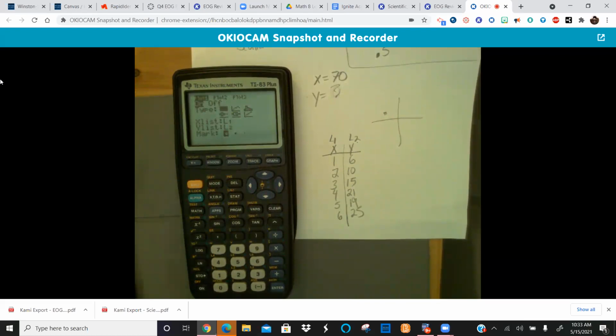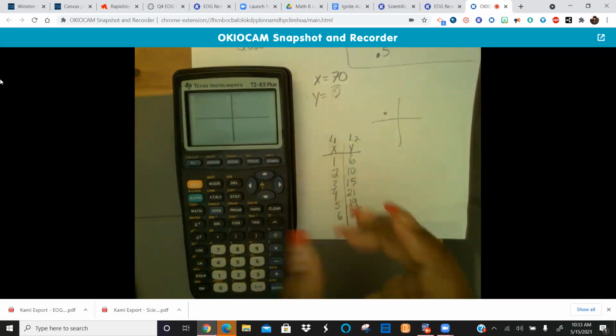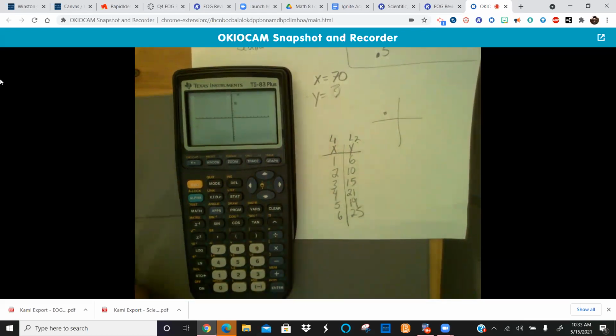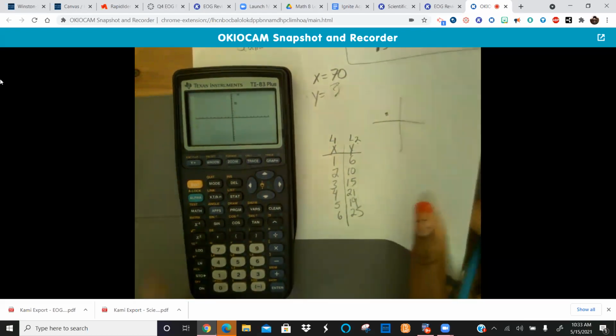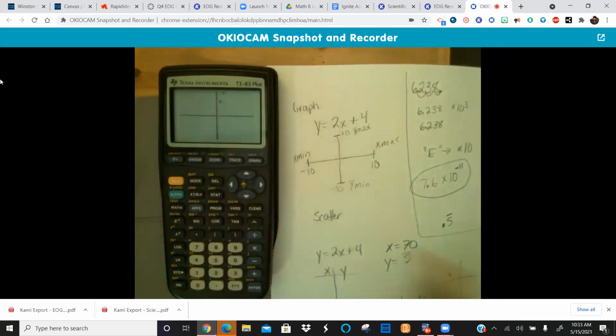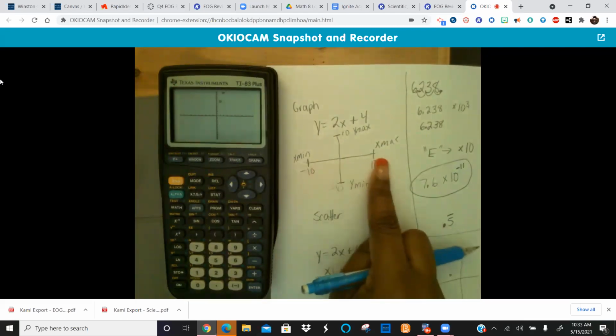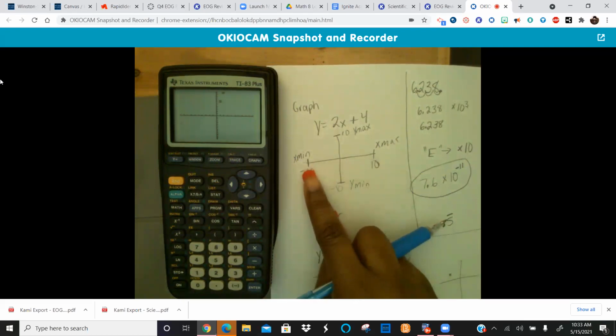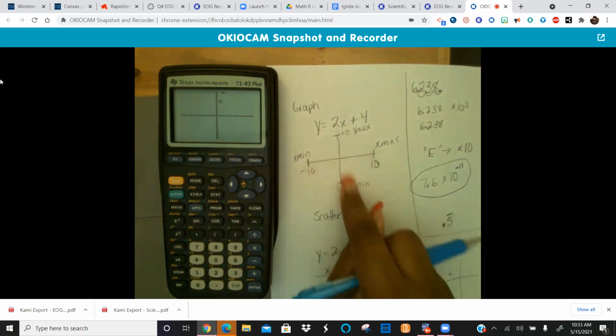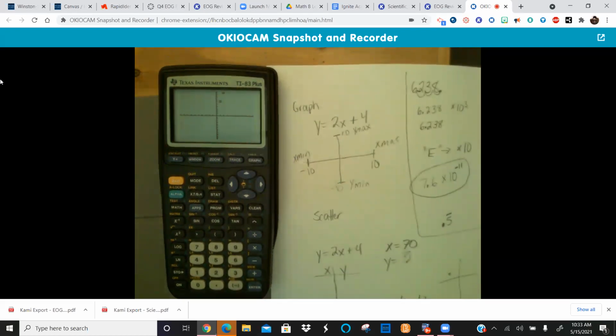No, ma'am. Okay. So now if I graph these, all my points are not going to show up. Why? Because remember, I told you that when you graph, it's automatically going to go to negative 10, 10. That's the standard coordinate plane on a calculator. It's going from negative 10 to positive 10, negative 10 to positive 10.